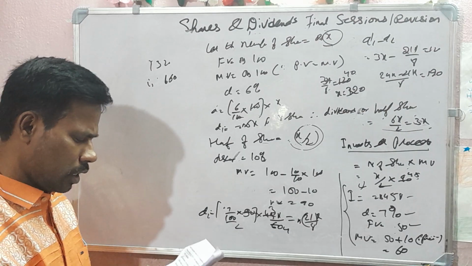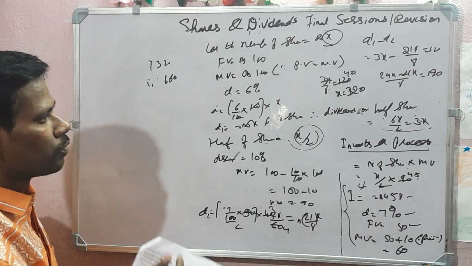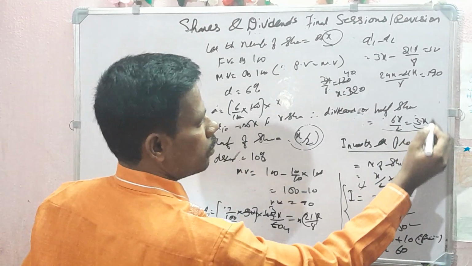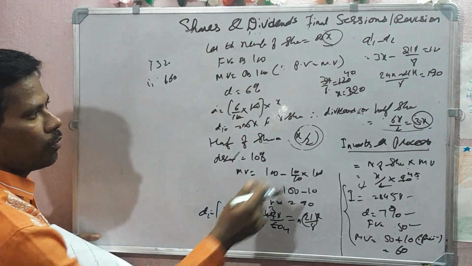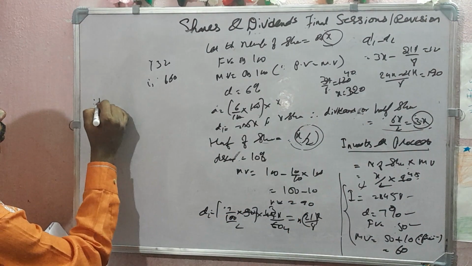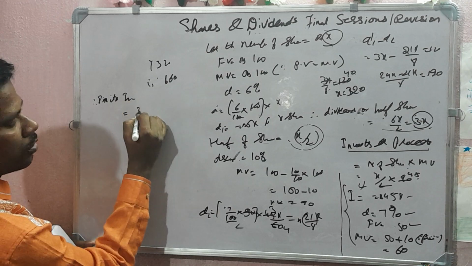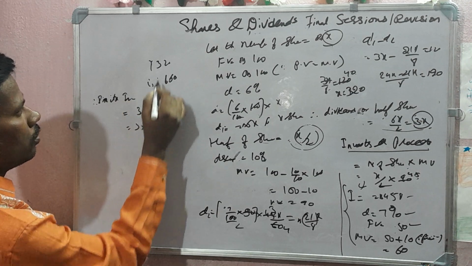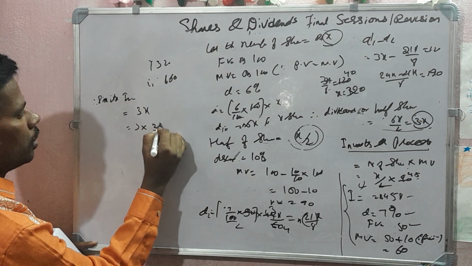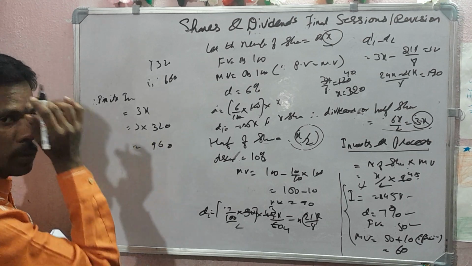Next, the third one is initial income from the shares. Dividend on half of the shares you have to calculate. Therefore initial income is equal to 3 into x.